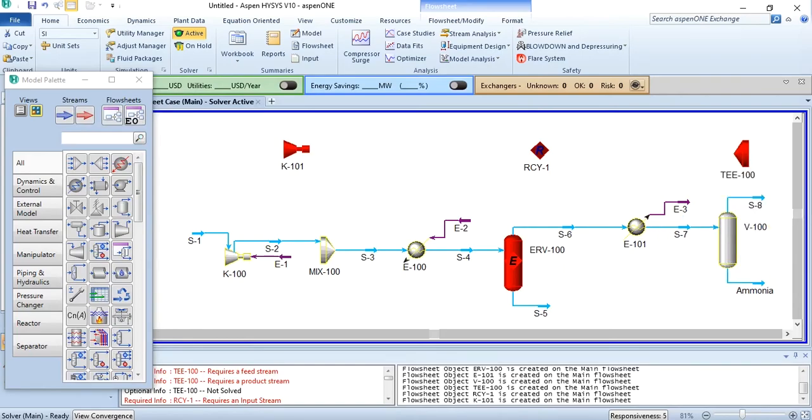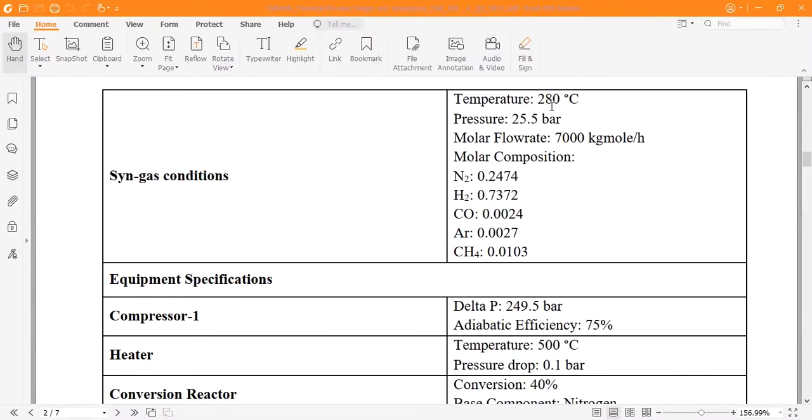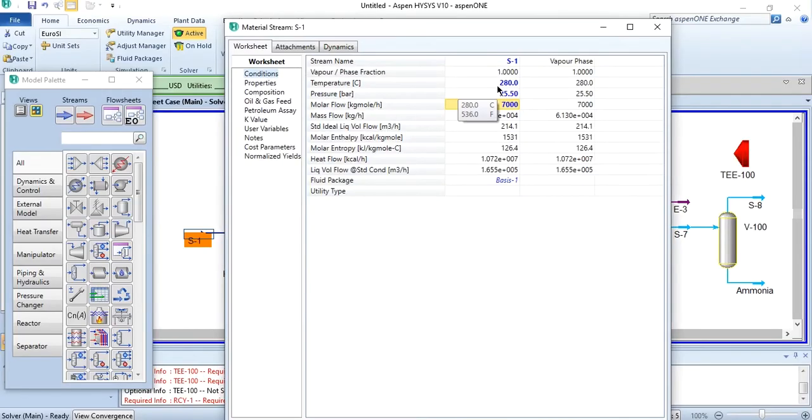So what are the specifications? The temperature of the syngas is 280 degrees centigrade, the pressure is 25.5 bar, the molar flow rate is 7000 kgmole per hour, and the molar composition is given for nitrogen, hydrogen, CO, argon, and methane. So we will enter these in S1 in HYSYS. As you can see, the specifications of S1 are entered.